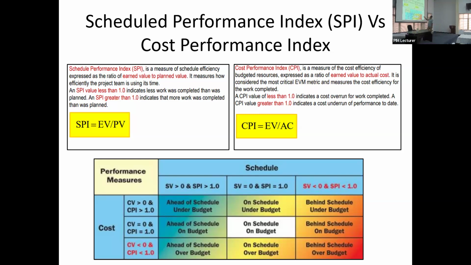Ideally, you want the SPI and CPI to be 1, which means you're on schedule for your time and on schedule for your cost. However, more positive, if the SPI and CPI are greater than 1, then you are ahead of schedule and you will be under budget. You will finish faster and you won't spend as much as you budgeted. So that's what this tells you.